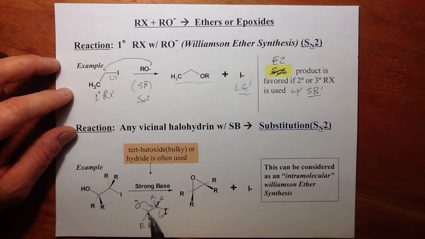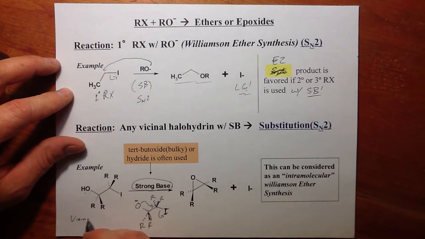We can force this to go to an epoxide by adding initially what's called a vicinal halohydrin.